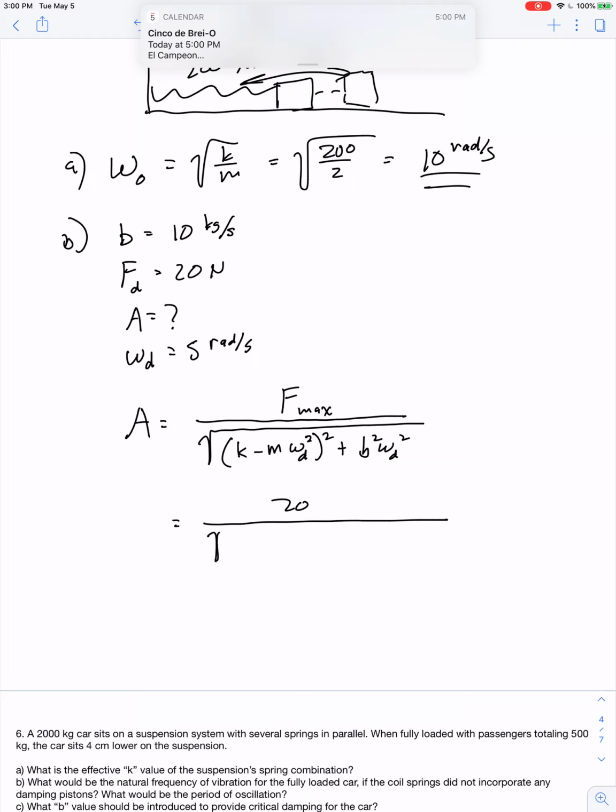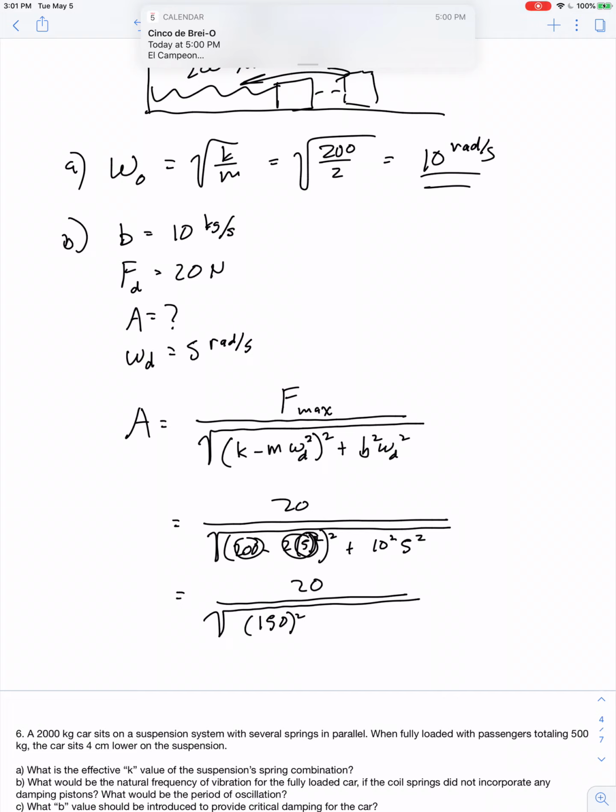20 newtons divided by the square root of 200 minus 2 times 5 squared, all of that squared, plus 10 squared times 5 squared. Let's simplify a little bit. We get 20 divided by the square root of, let's see, 5 squared gives us 25, 2 times 25 gives us 50, and 200 minus 50 gives us 150.